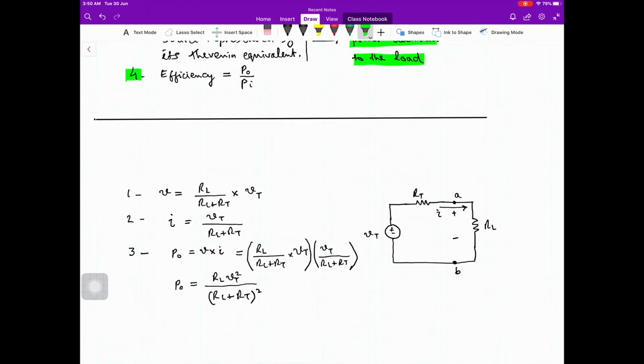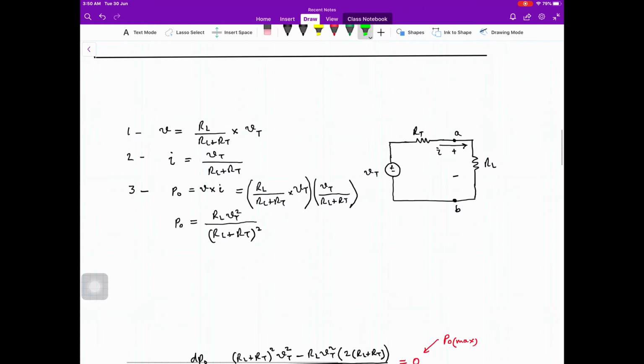I have reproduced the circuit here again, as it is a single loop in Thevenin equivalent. So current I is flowing as indicated in this direction. We see that the voltage output here, look at the circuit diagram, voltage across the load is equal to the current flowing through the load multiplied by the load resistance.